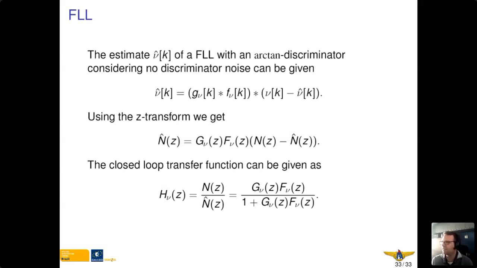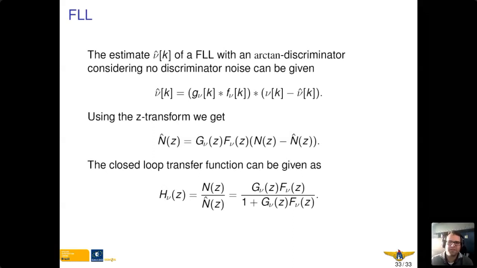And this defines the behavior of the loops, how they reach equilibrium. So how do they reach the true parameter estimate and keep track of this true parameter. So be close to the true Doppler value, have an estimate that is close to the true phase value, have an estimate that is close to the true delay value.